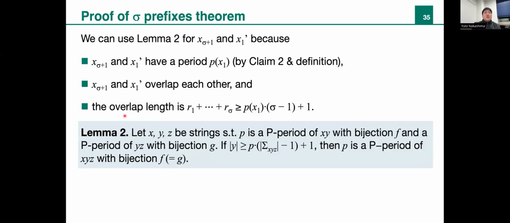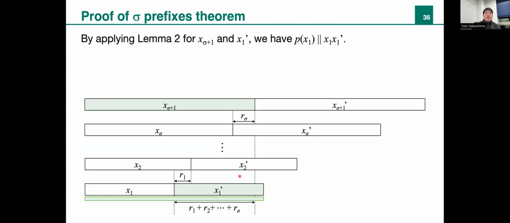So the overlap length is bounded by this lower bound, because each R is larger than or equal to the shortest period P. By using these conditions, and by combining with this lemma 2, we can get that x sigma plus 1 and x1 prime overlap with a sufficiently long overlap.